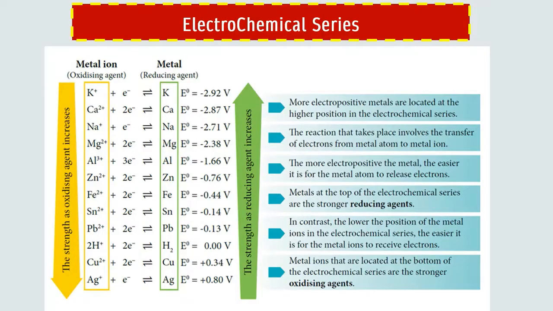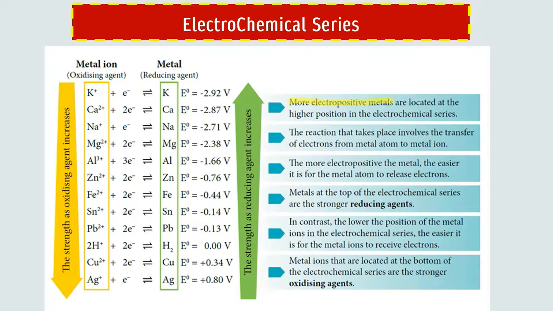In order to understand the reactions of displacement of metals, we need to go through the electrochemical series. Referring to this series, the more electropositive metals are located at the higher position in the series.